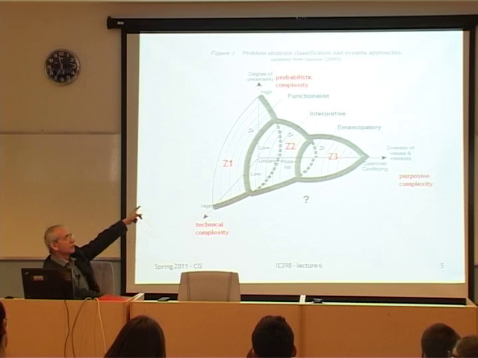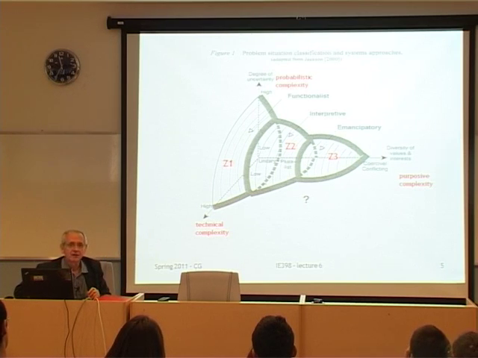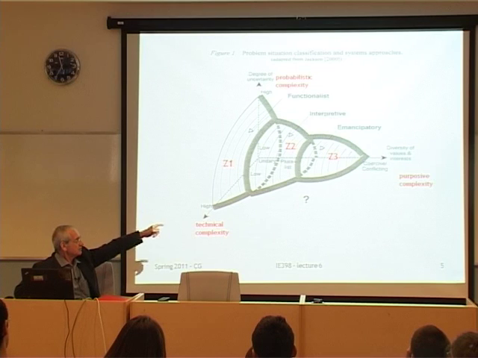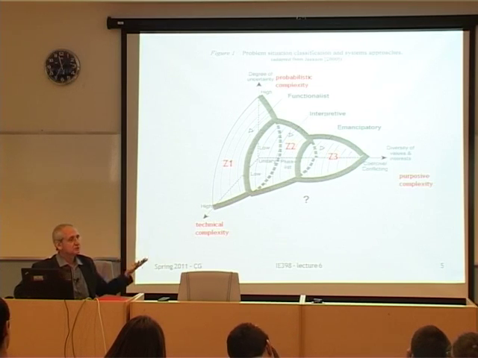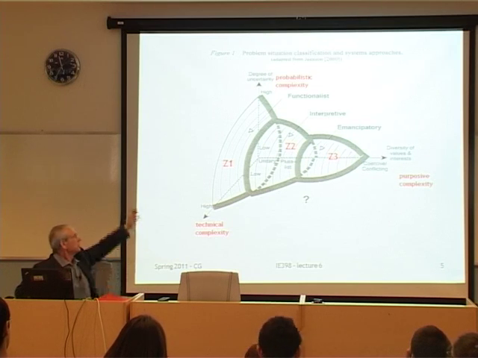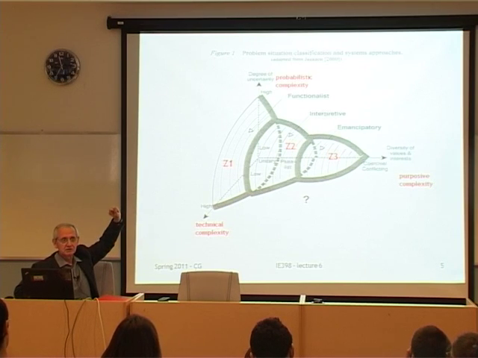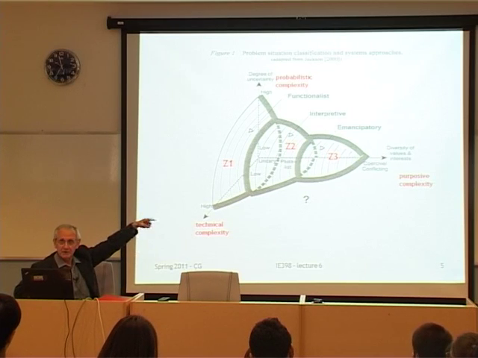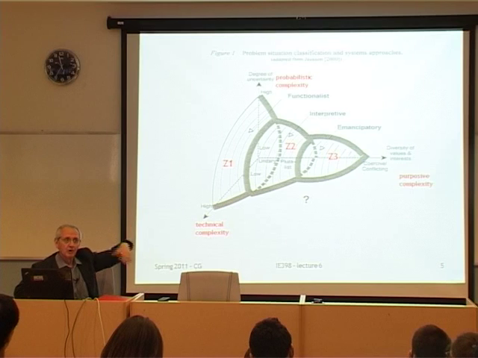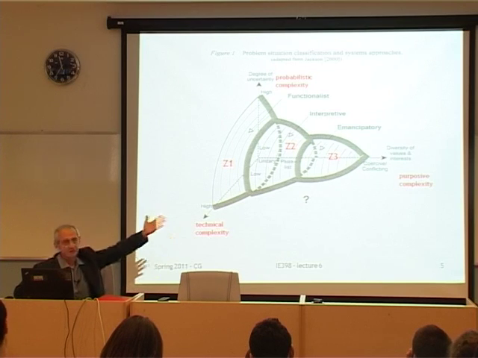If we move to a problem situation in Z1, then we are more or less not interested at all in purposive complexity because there is a unitary purpose here. All we need to do is to deal with uncertainty and technical complexity. Uncertainty and technical complexity are also present in the other situations, but the priority we accord is to other dimensions of complexity, the conflict, for example.